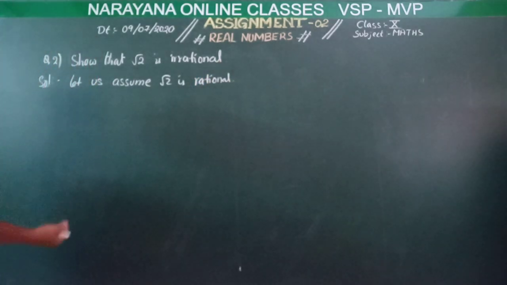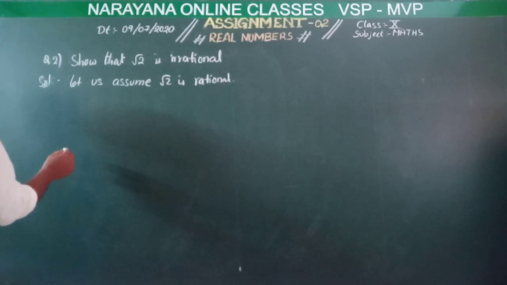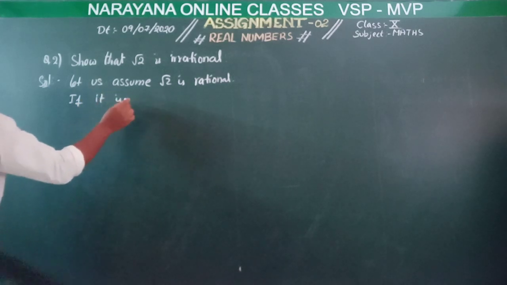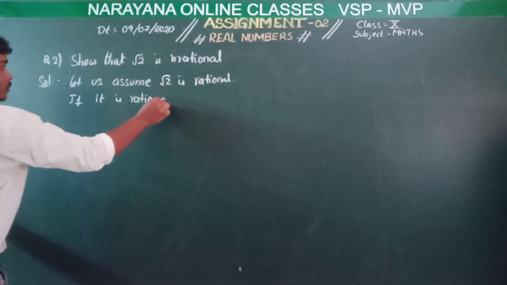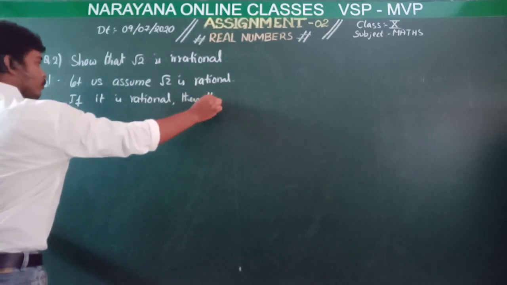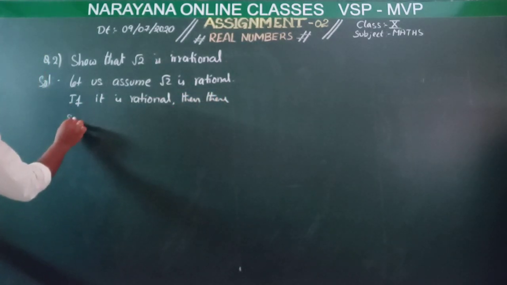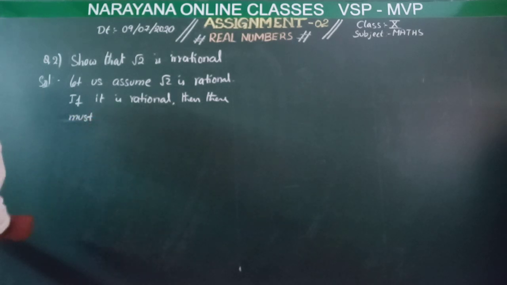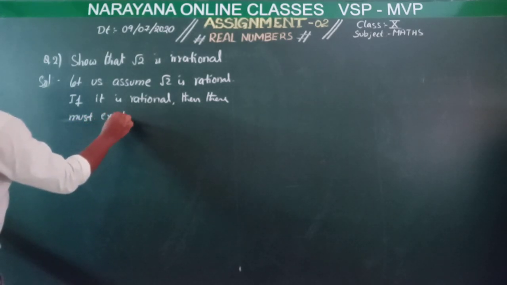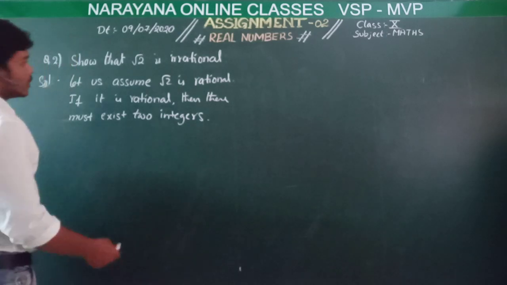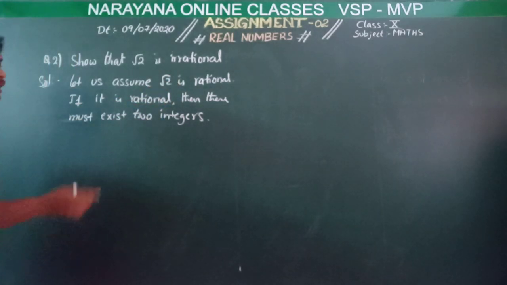Rational in the form of r by s. It must be some integers, right? So see children, if root 2 is rational, there must exist two integers.